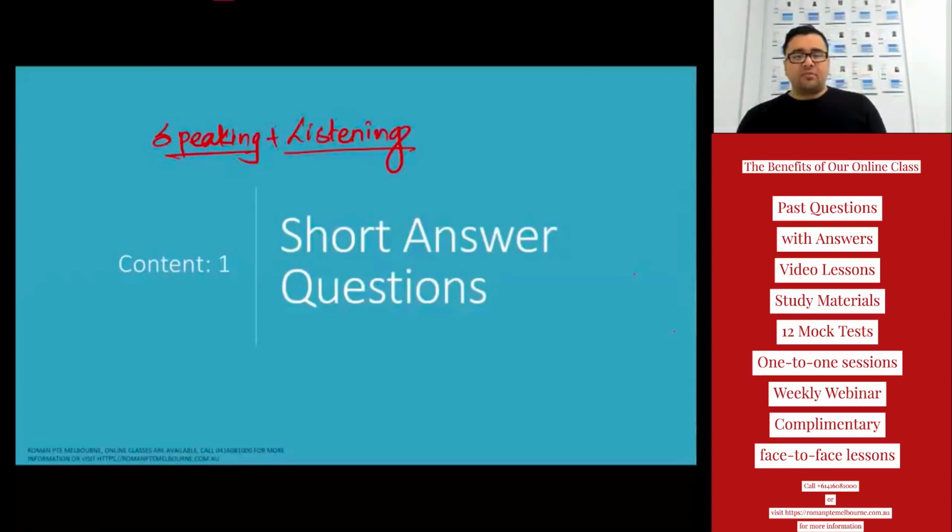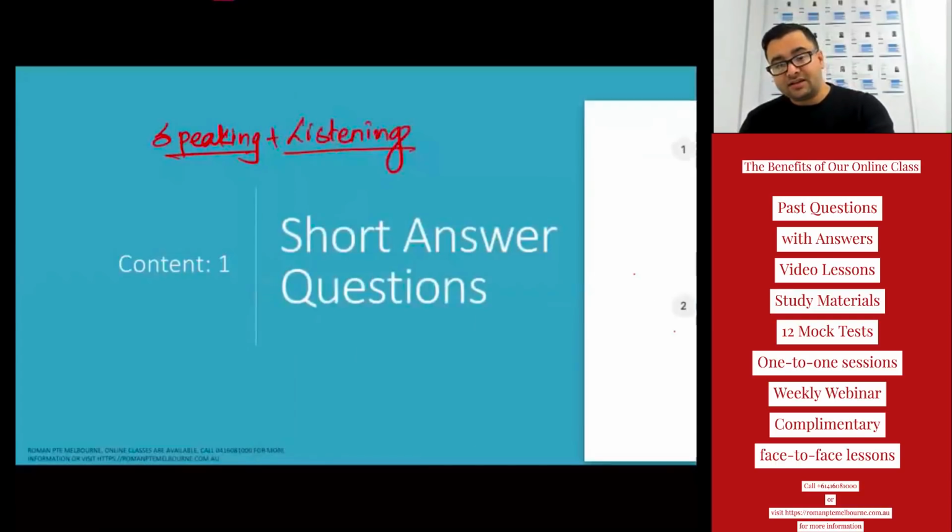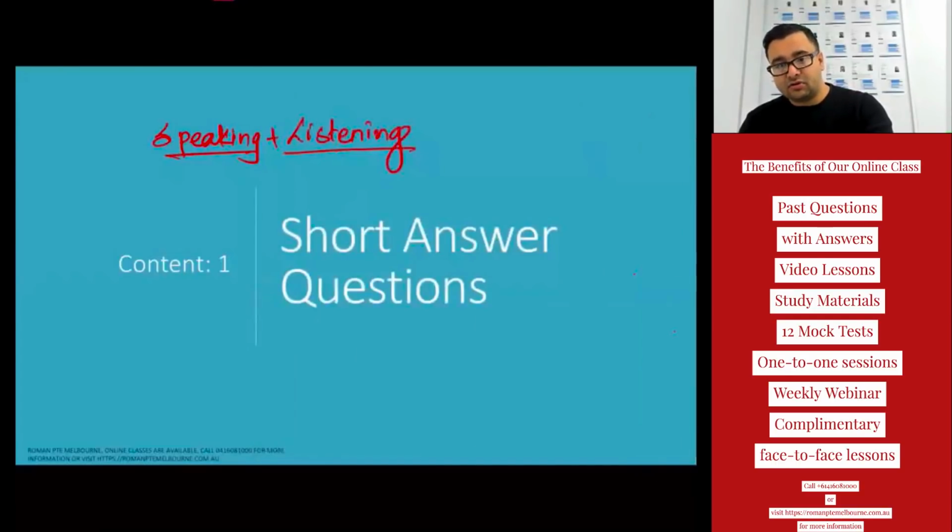So if I have to summarize the scoring criteria of speaking, there are 3 common factors which influence your score: content, fluency, and pronunciation. Pronunciation and fluency have the same rule, same criteria in all question types where they're evaluated. Content score depends on the types of the questions. In read aloud, it depends on whether you missed a word, whether you replaced a word, or whether you add something which is not there.